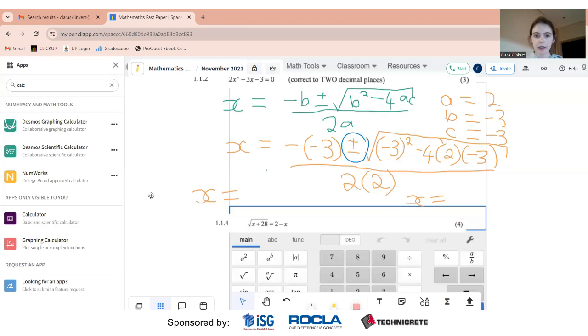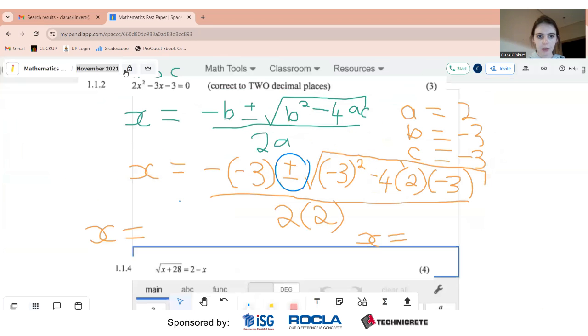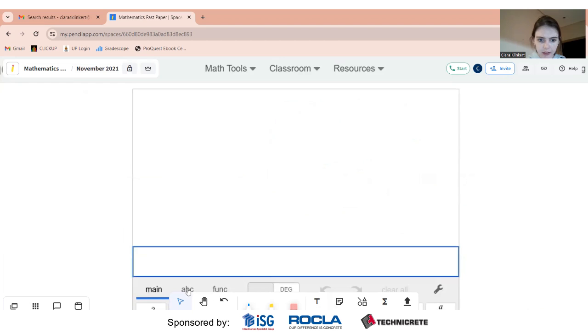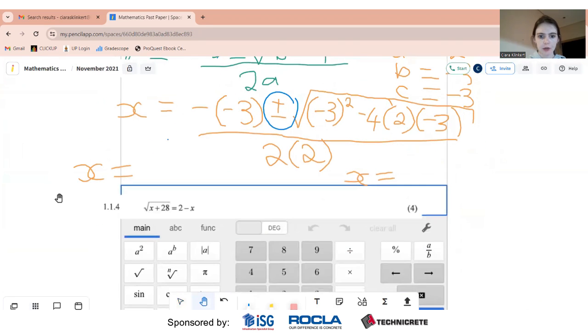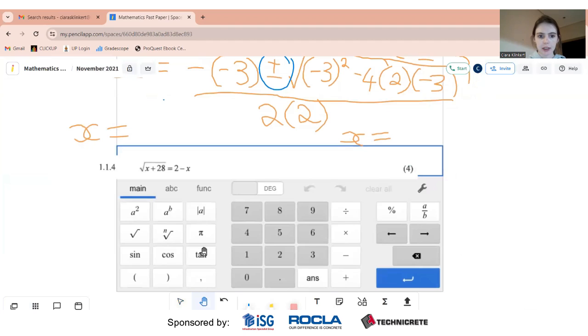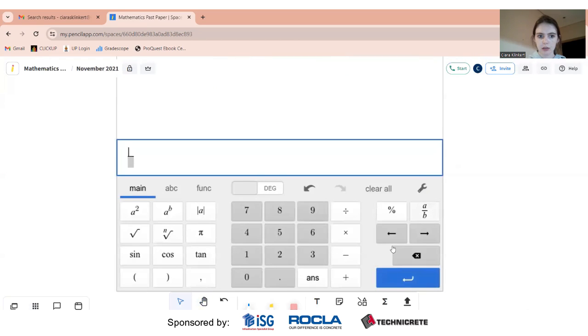Let's wait a minute for the calculator app. This is a little bit difficult to navigate. We see that we've got a fraction, so immediately I'm going to... I'm struggling to see now.